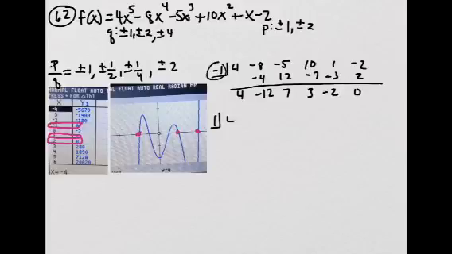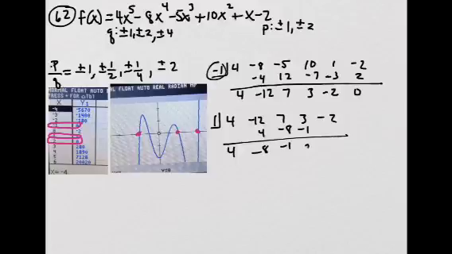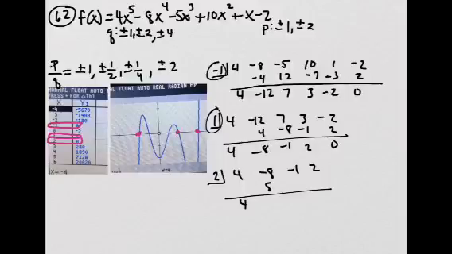So 4, negative 12, 7, 3, negative 2. Bring down the 4, you get negative 8, you get negative 1, you get 2, and that gives you 0. So that one, of course, works. Then we'll go for 2. Again, use the reduced polynomial. Bring down the 4, you get 8, that's 0, negative 1, negative 2, and 0.